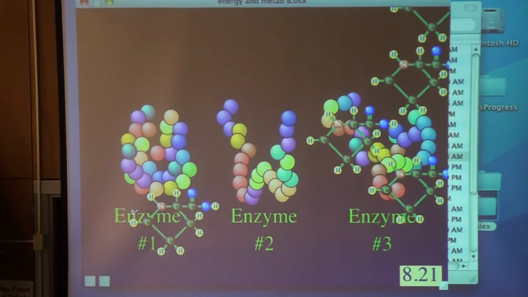And so notice what this means now. The substrate molecule will no longer be able to enter the metabolic pathway because it can't get into enzyme number one. And so the whole metabolic pathway shuts down.